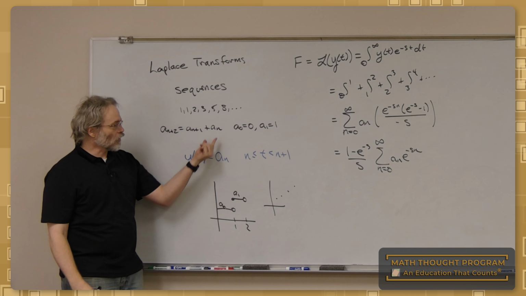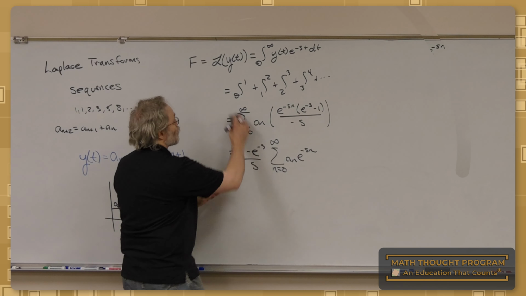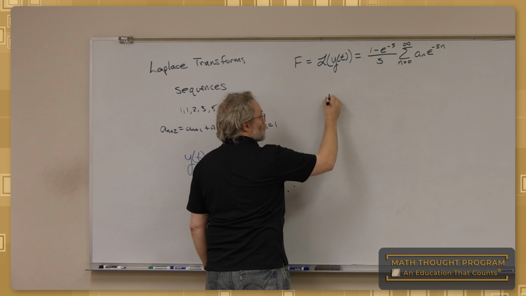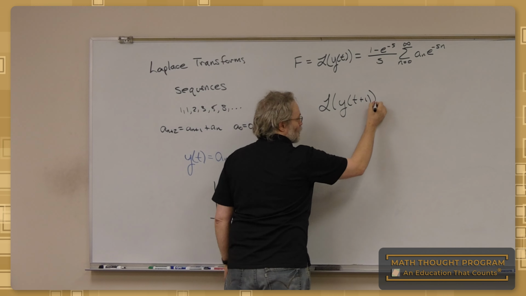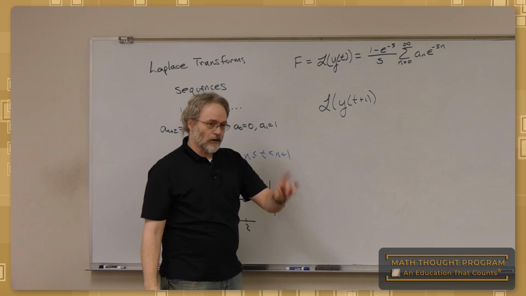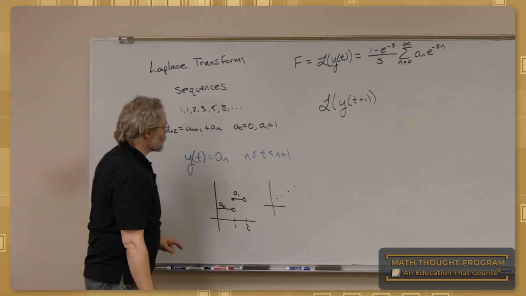So I also want to consider what's going to occur when we're looking at a composition. So what is the Laplace transformation of y of t plus 1? And y of t plus 1, that's going to correspond to that.